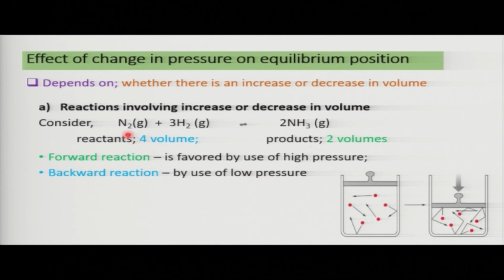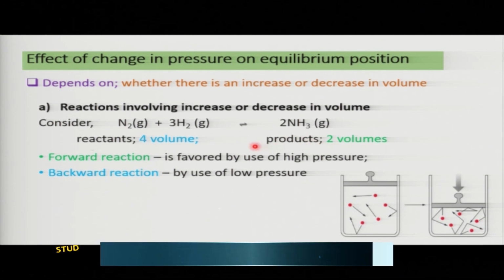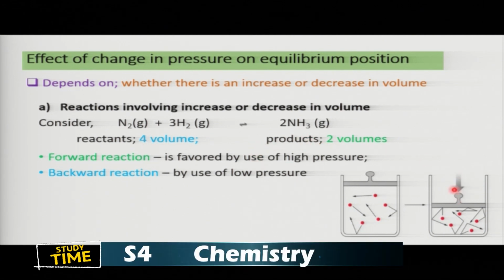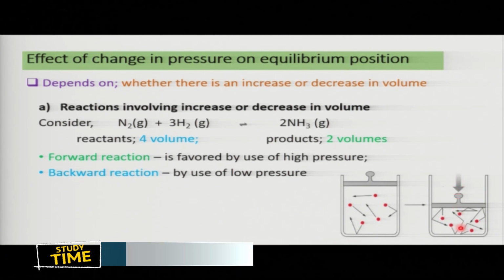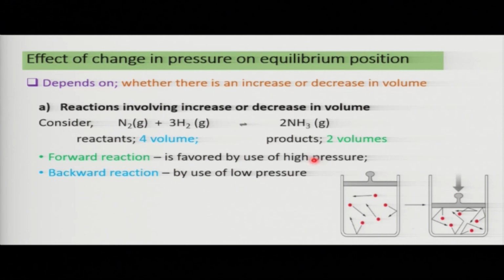So, as the way you see it, this is forward. We have 4 going to 2, indicating we are applying pressure. You are compressing. When you compress, the volume reduces. As you apply pressure, you're favoring the forward reaction because there is a reduction in volume. These gases have been compressed, so in this case, the volume has reduced.